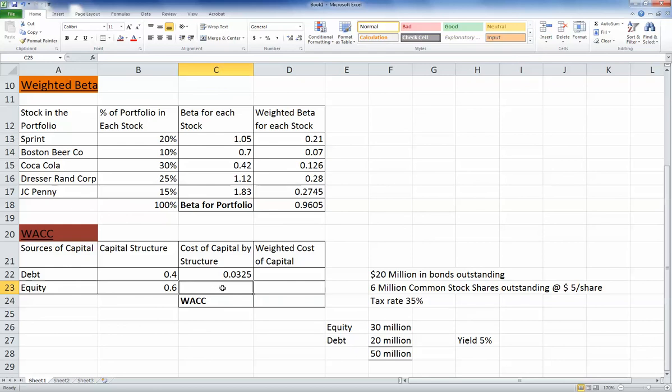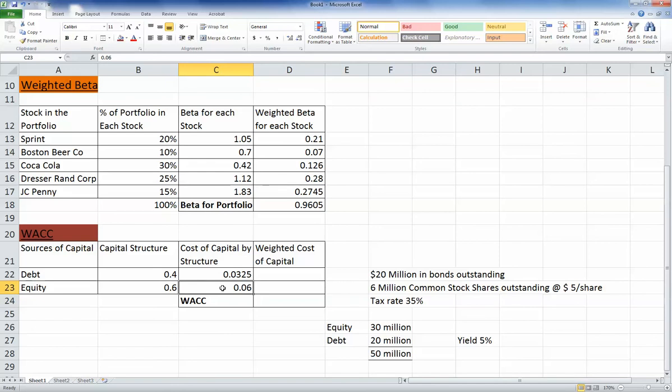Equity cost of capital, I'm not going to compute it using CAPM, but you always do compute the cost of capital using CAPM. We're going to say the cost of capital is 6%, so 0.06. Again, that would be computing using CAPM.